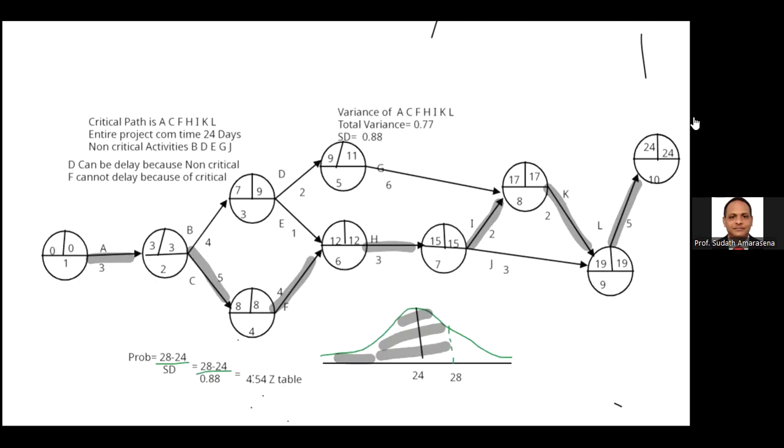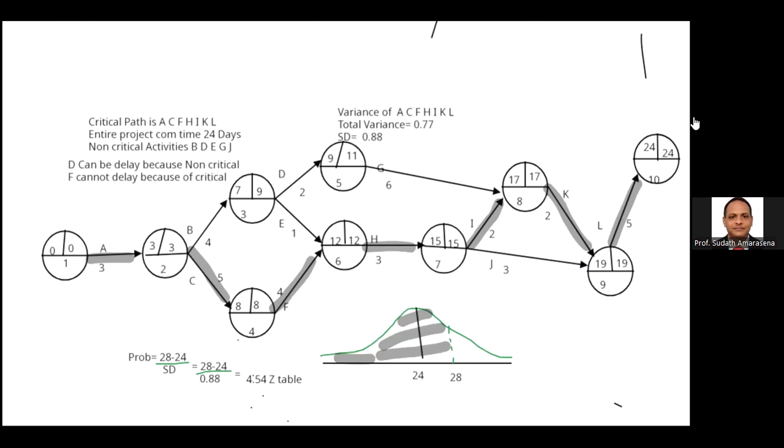Then you can use a Z table and get the final probability value. The given table is not enough, so you can download the table. Any questions, clarifications? Now you know how to apply the CPM method, critical path method, and the PERT method.